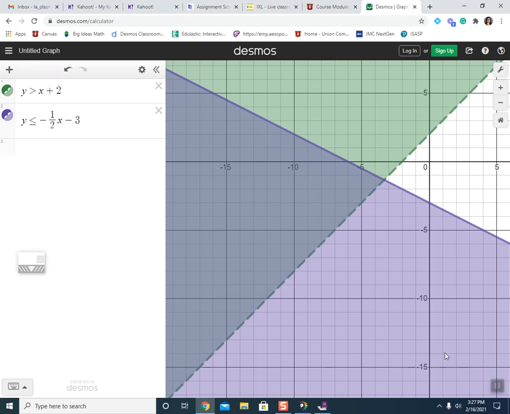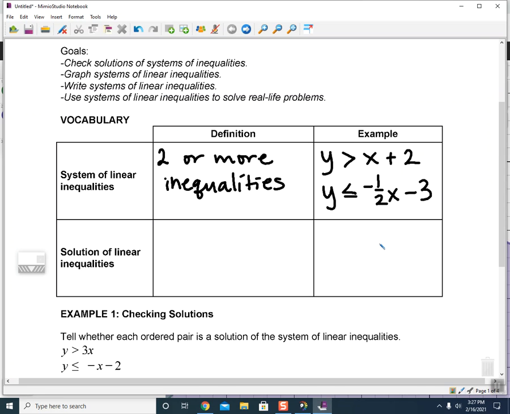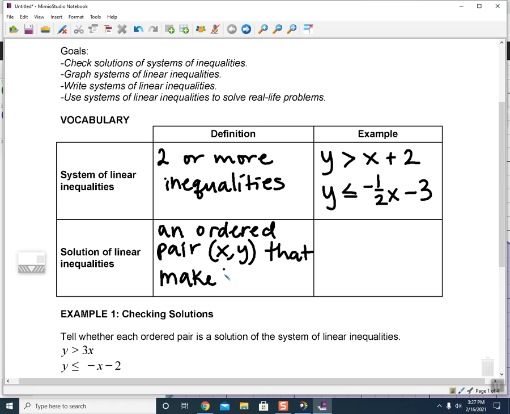Okay, so if we go back to our notes then, a solution of linear inequalities is just an ordered pair x, y that makes both true.